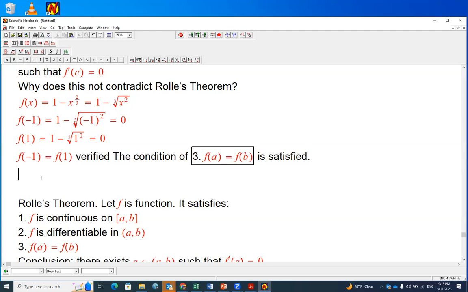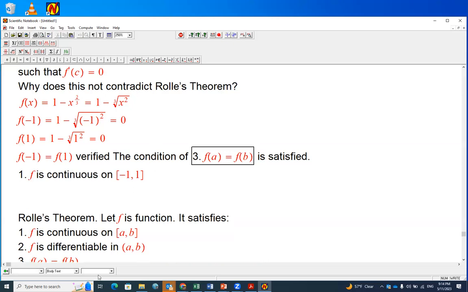Continuity is no problem. F is continuous on the closed interval, so the first condition is also satisfied. F is continuous on the interval between -1 and +1, guaranteed by the result we have learned before about continuity.